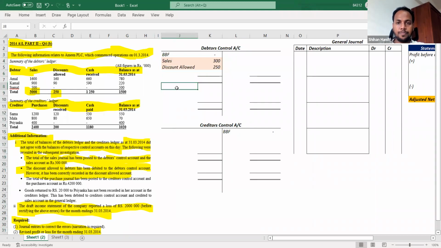Okay. I'm doing the errors. Then next, the third one.